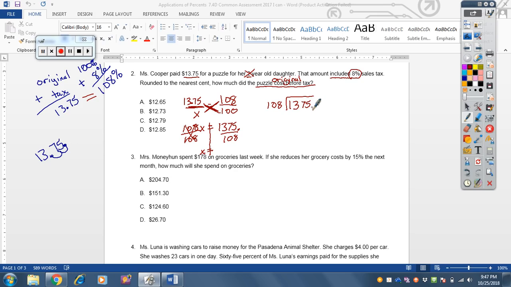Every number under the box needs a number on top of the box. 108 goes into 1, 0 times, that 0 has to be perfect on top of the 1. 108 goes into 13, 0 times. 0 on top of 1, 0 on top of 3. 108 goes into 137, 1 time.